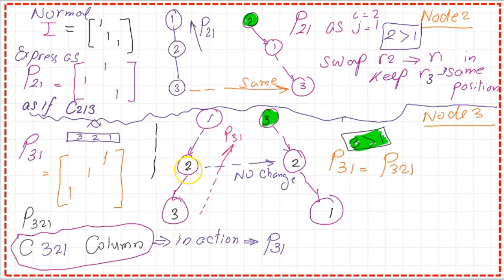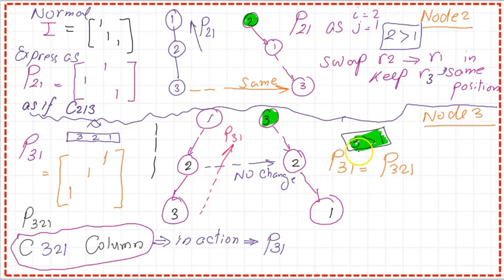We notice that for the second row, there is no change. So finally, the third row becomes up, and the second row remains the same. The third row will become down. So we can express that P31 is the same condition as P321.